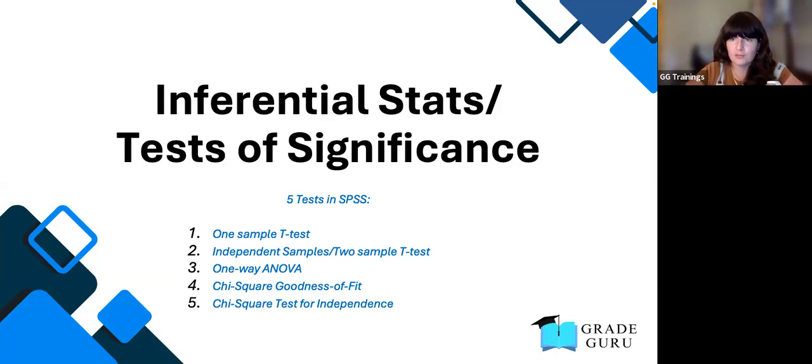You only ever have sample data. So it's only the one sample t-test. Okay, so you've got your one sample t-test, your 2 sample t-test, your one-way ANOVA, your chi-square goodness of fit, and your chi-square test for independence. Regression is not going to be tested in the SPSS test. It's because it was too soon.